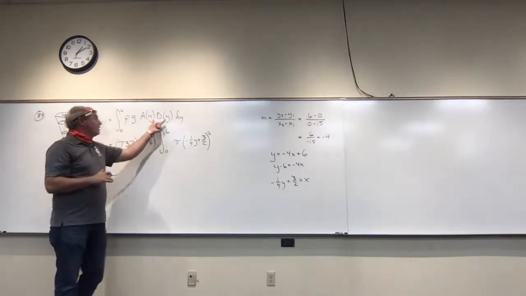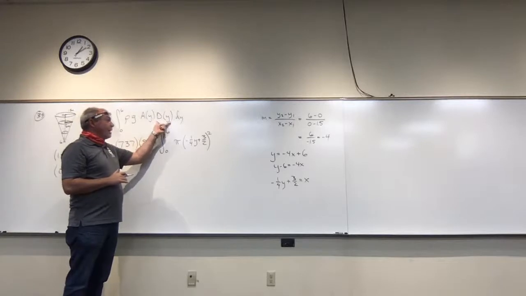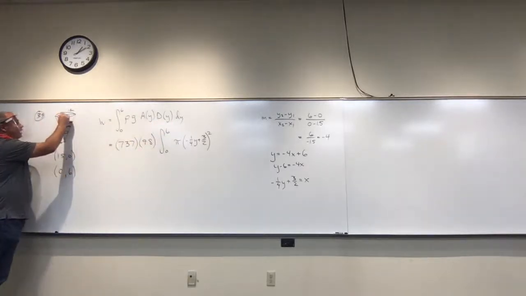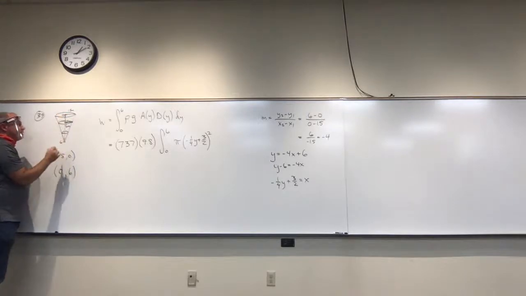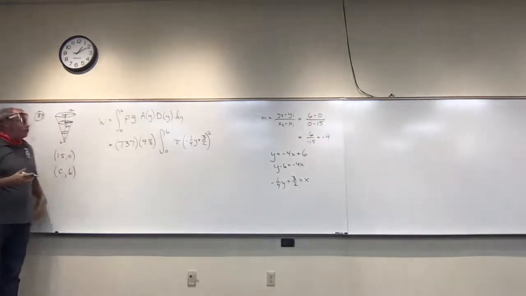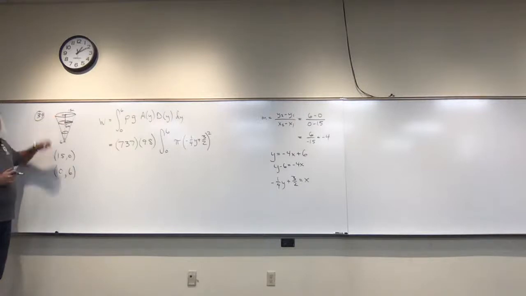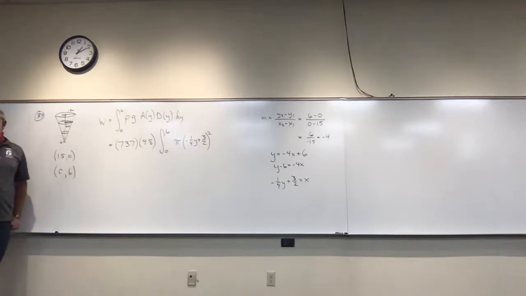Now I need to say, how deep am I at y? And this is where what I chose for where I set my zero really matters. So in this case, where do I want to pump to? I want to pump to 0. So if I'm sitting down here at y, how far is it to 0? Is it 6 minus y? In this case, it's just y.